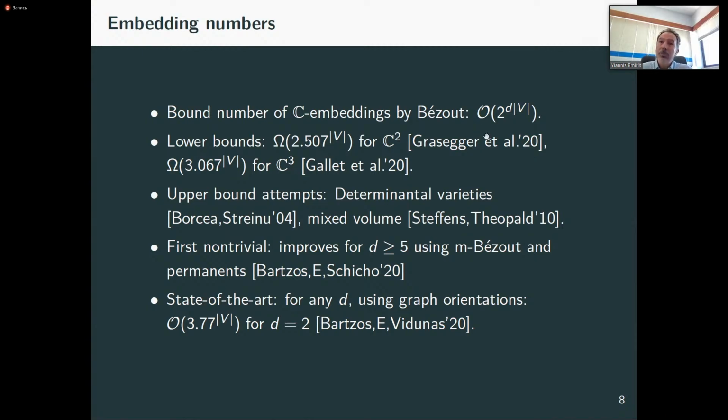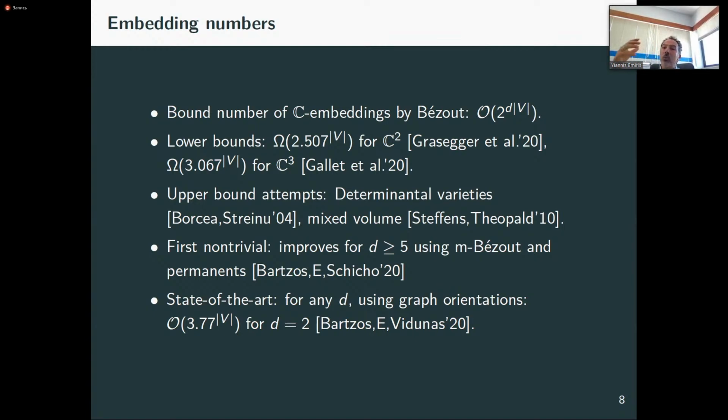However, with the multi-homogeneous Bézout bound, we managed to improve the upper bound for dimension 5 and beyond. Of course, in applications, we are mostly interested in dimension 2 and 3, okay? However, this approach gives the way to the method I'm going to describe today.